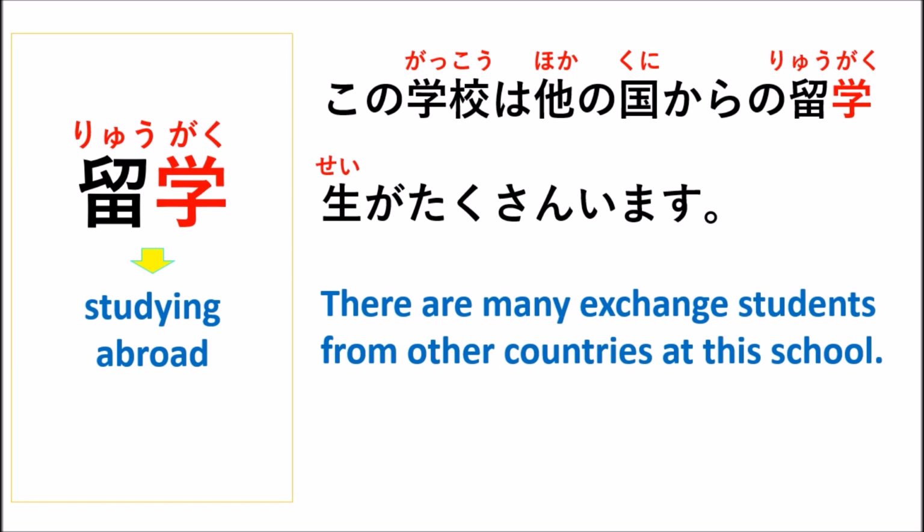If you just say 留学, it means studying abroad, but sei means the student. So when we put together the student that is studying abroad, it means the student studying abroad. In a case like this, it can be exchange students.